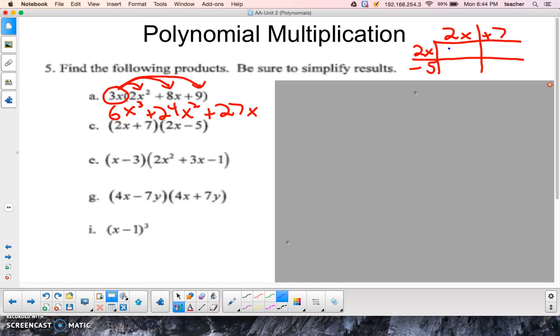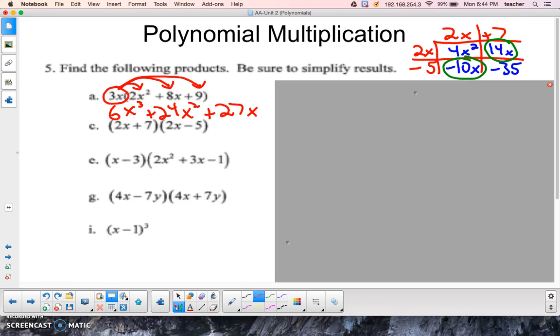2x times 2x is 4x squared. 2x times negative 5 is negative 10x. 7 times 2x is 14x. And 7 times negative 5 is negative 35. At this point, it's helpful to identify your like terms so that you can write down your answer already combining them.